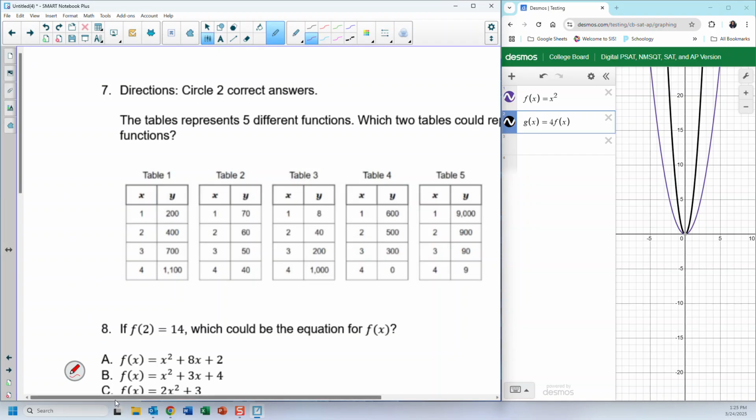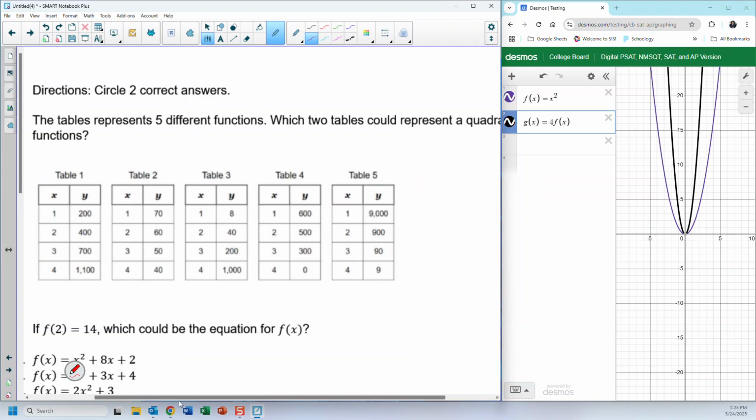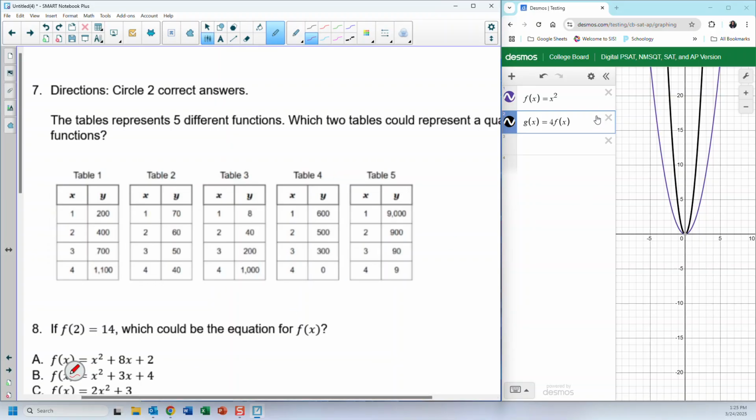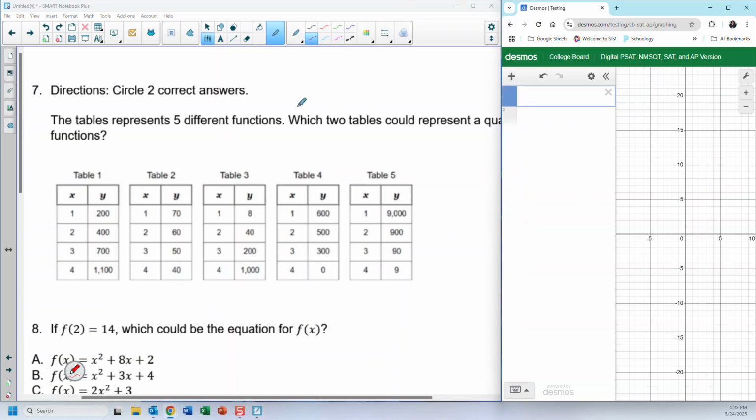All right, number 7. This one's kind of a tricky one, but I do want to show you how we want to handle it. There's 3 types of functions that we learned in Algebra 1 so far. We learned about linear functions.